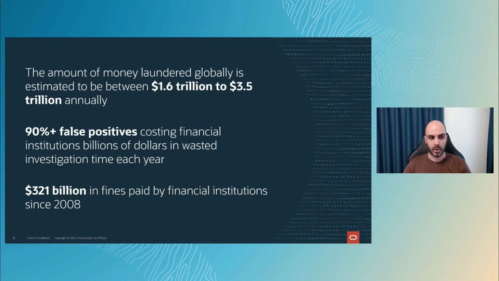And we had over $321 billion in fines paid by financial institutions since 2008. So we can see there's a big motivation for us to improve the whole financial crime compliance management process and to incorporate sophisticated machine learning technology in those products to improve efficiency and accuracy for the investigations.